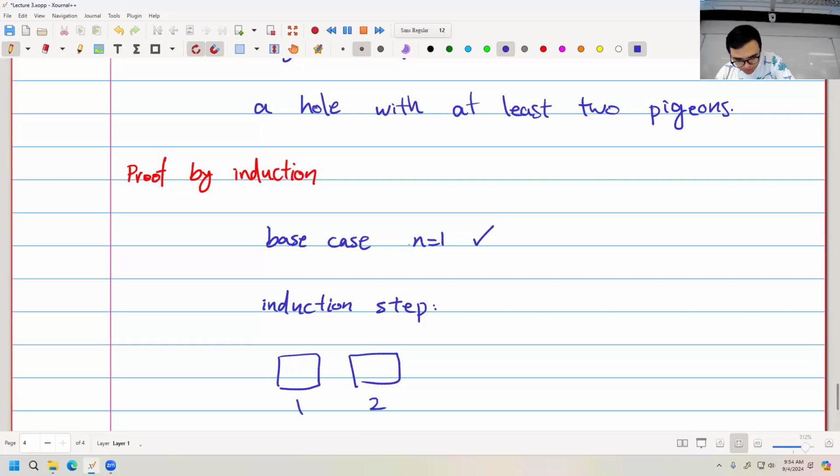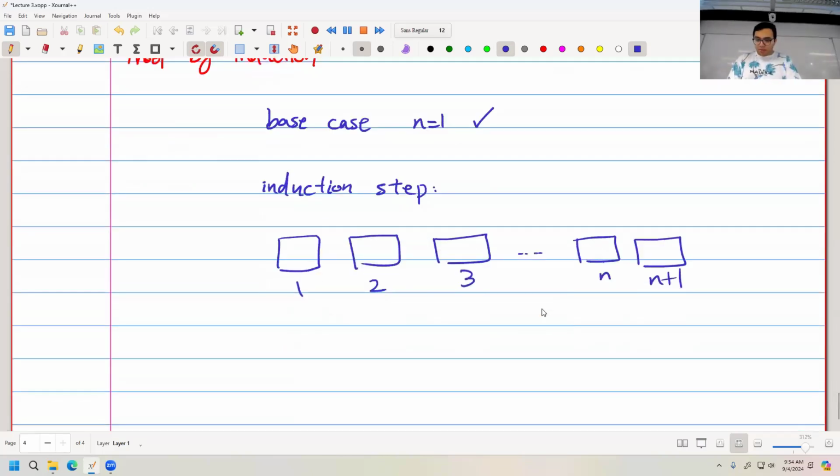So hole number 1, hole number 2, hole number 3, and so on, up to n+1. And now I have n+2 pigeons, right? So I'm just going to look at the very last hole here, and I'm going to ask how many pigeons am I going to put into this hole n+1.